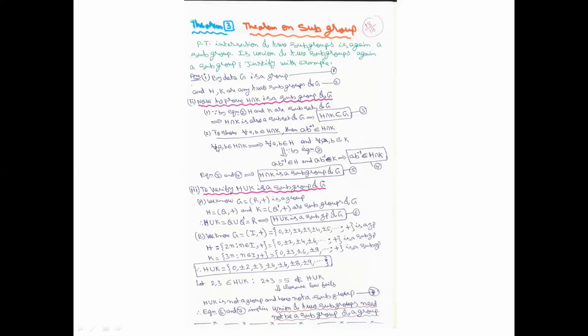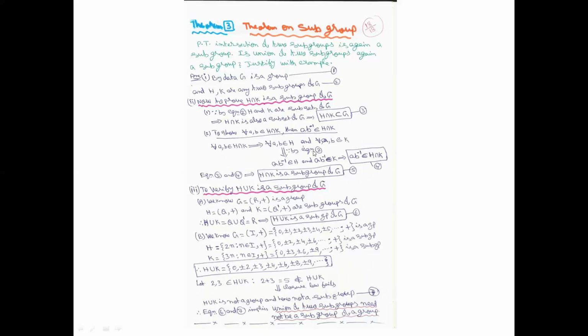Now, for all A, B belonging to H intersection K, two elements A and B belong to H intersection K. Here intersection is there. That means both the elements belong to H and both the elements belong to K, because intersection is there. Now further, see the cursor.